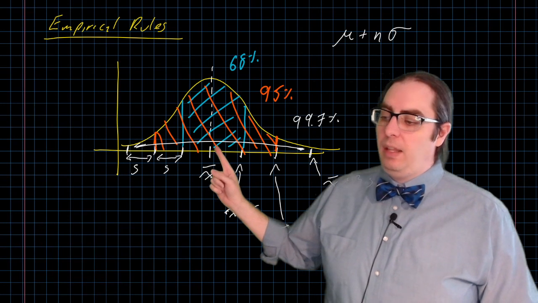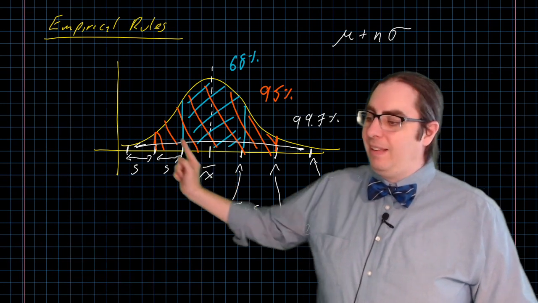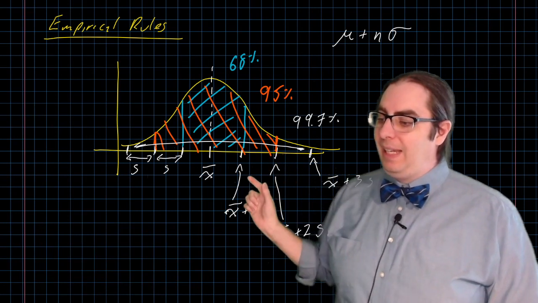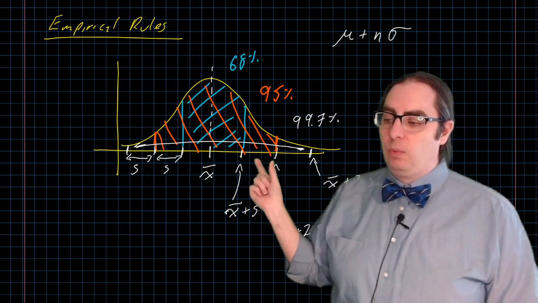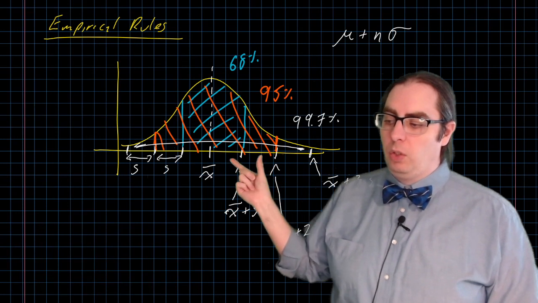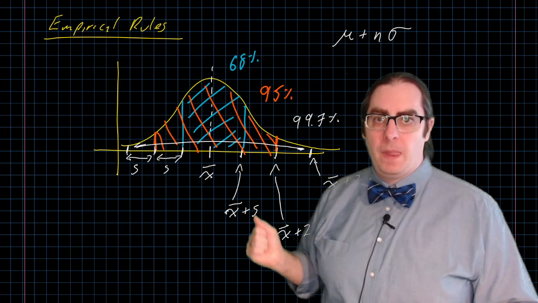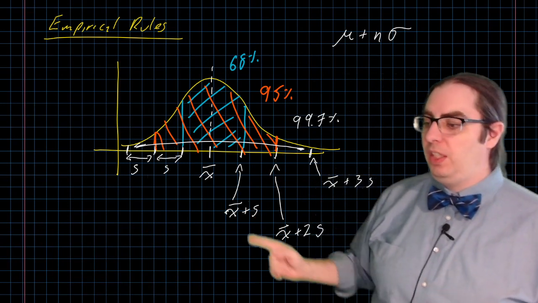I can take the mean, I can slide it over to be 0. I can take the standard deviation, I can rescale it, make it smaller or larger, and specifically make it a size 1.